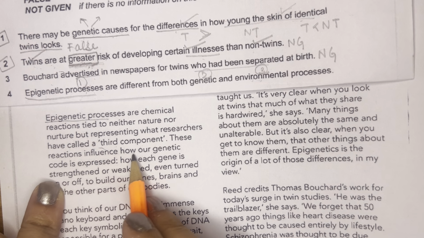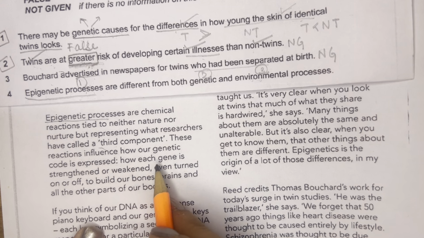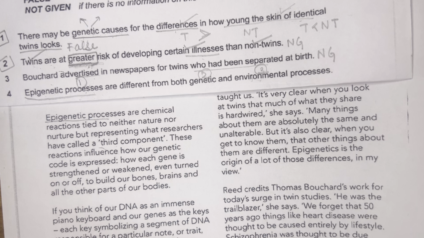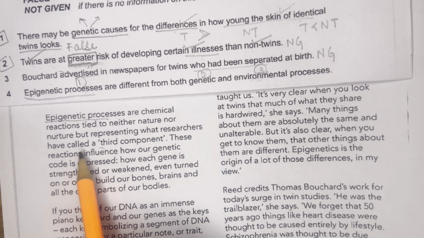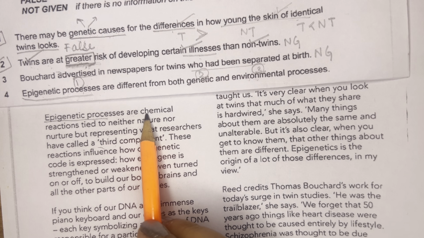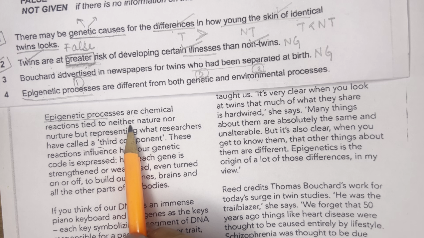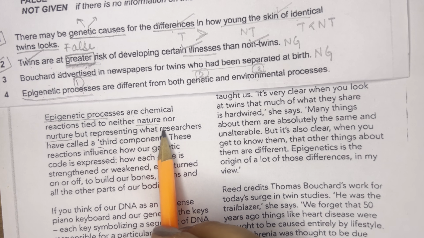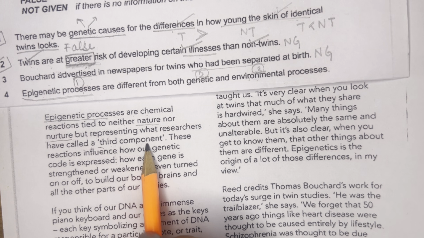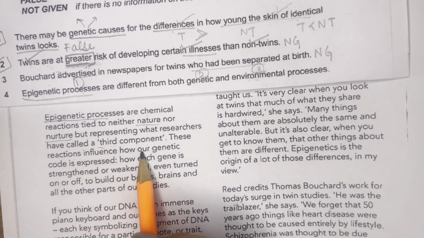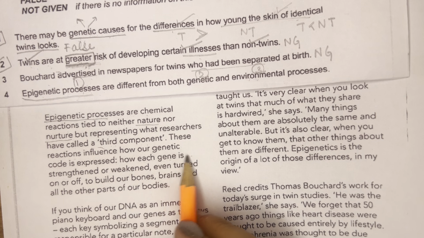These reactions influence how our genetic code is expressed, how each gene is strengthened or weakened, even turned on or off to build our bones, brains, and all parts of our body.